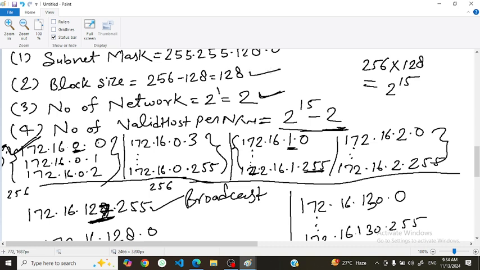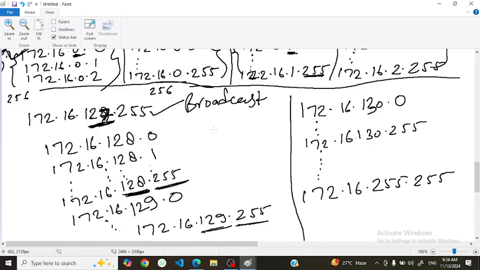So the first network started from 0 to 127, and the block size is 128. 128 is the block size. So 0 to 127, how many numbers in total? 128 numbers. And here we are starting from 128 to 255. How many numbers? 128.